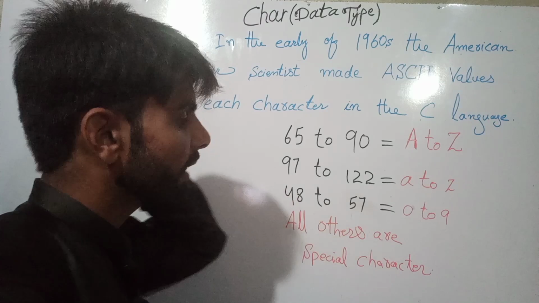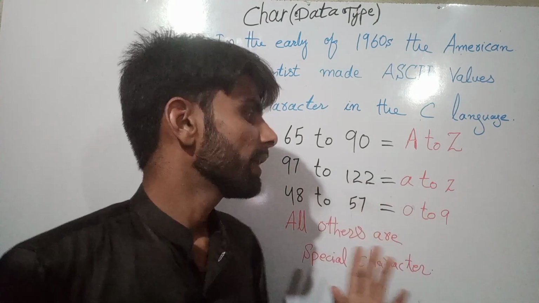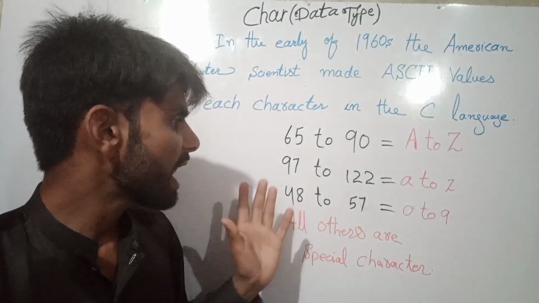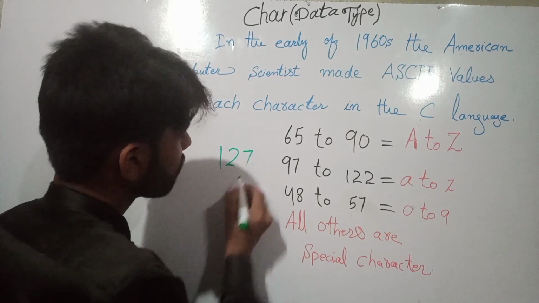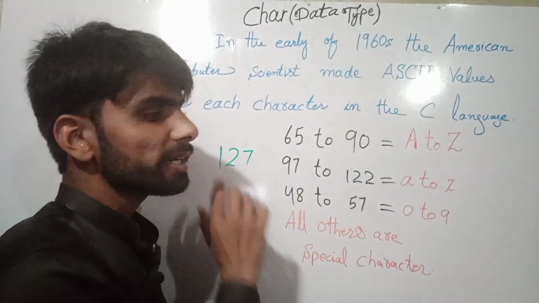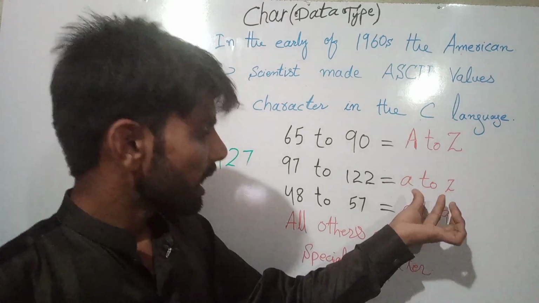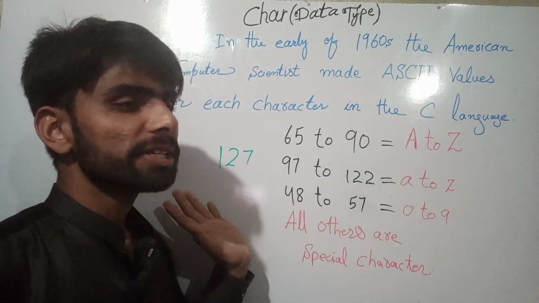And 48 to 57 are numbers, and all others are special characters. So the total characters in the C language are 127, including special characters, alphabets, digits, and small alphabets.